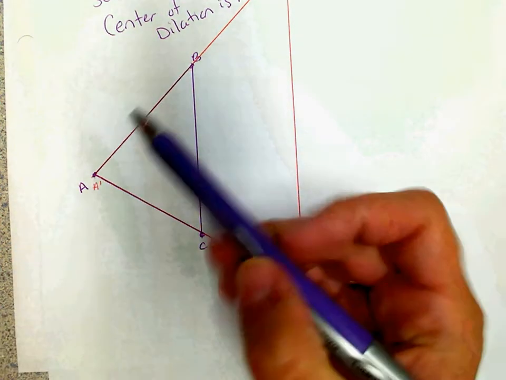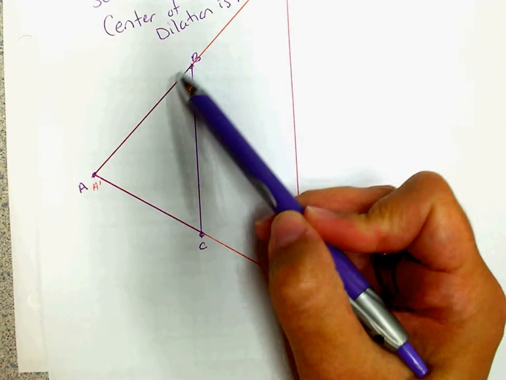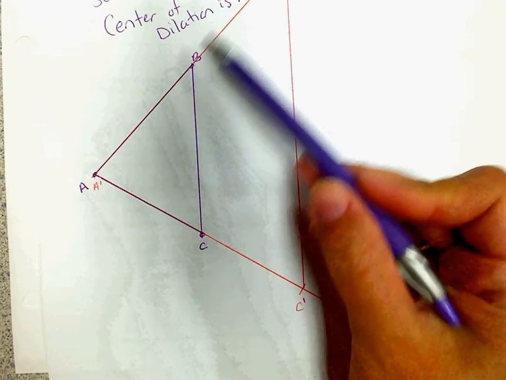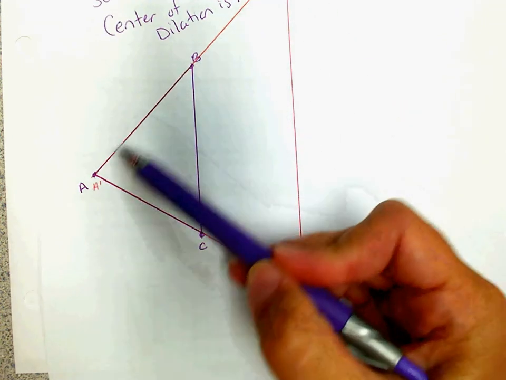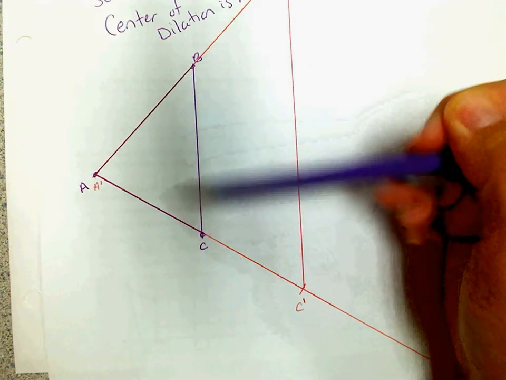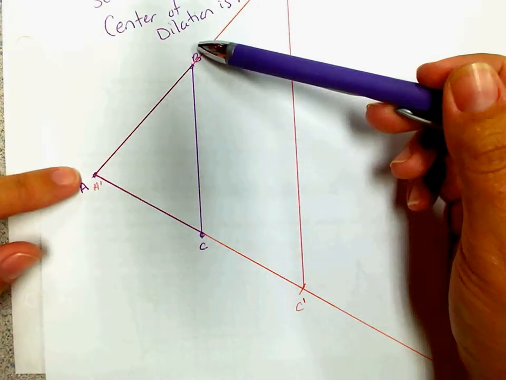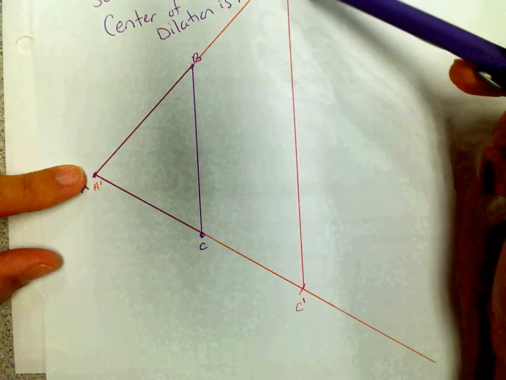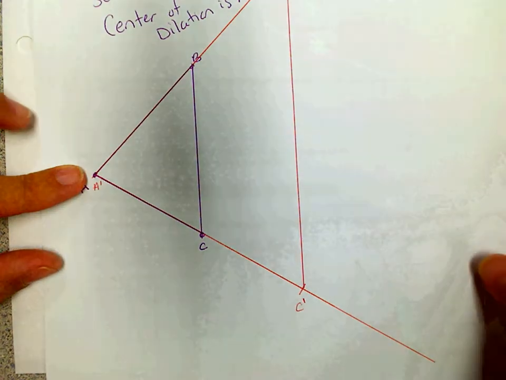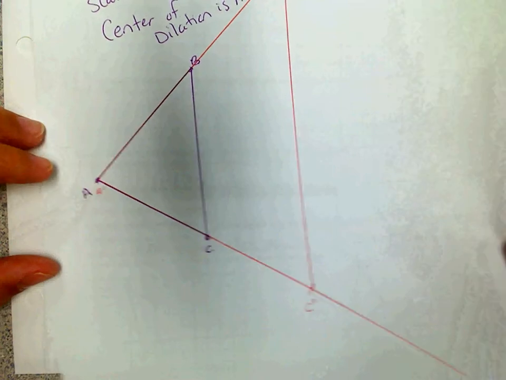Same with AB. This side goes through the center of dilation, which is A. Therefore, A prime, B prime lie on that same line. But you'll notice that BC does not go through point A, which is your center of dilation. So it's going to map to a line parallel to it. And you can see that property in this construction here.